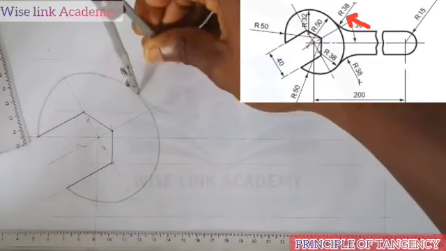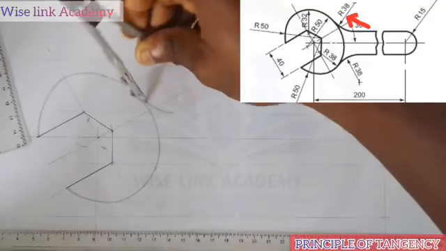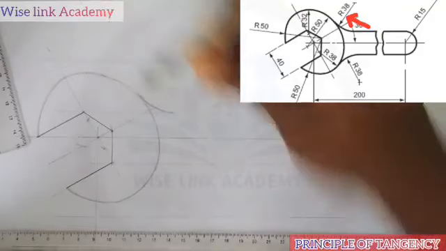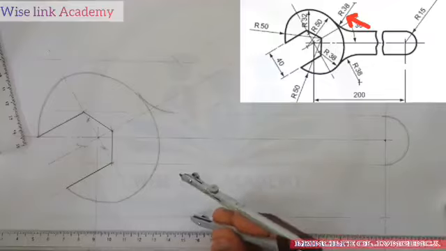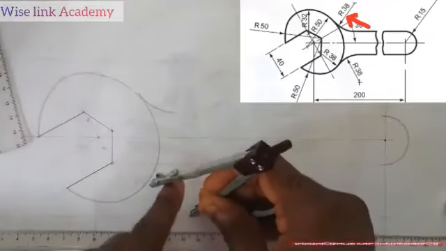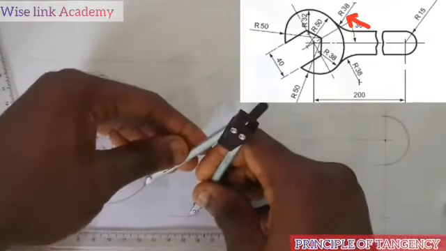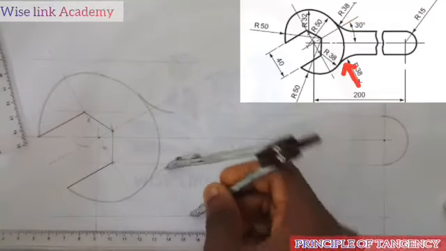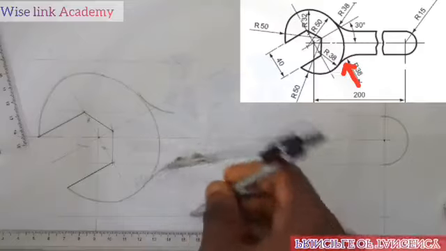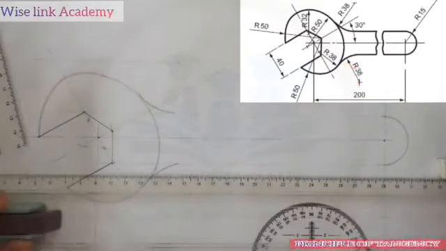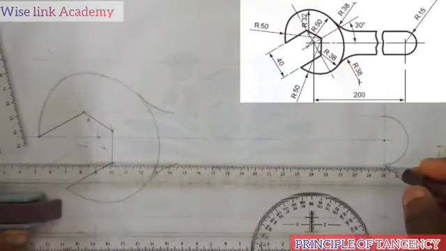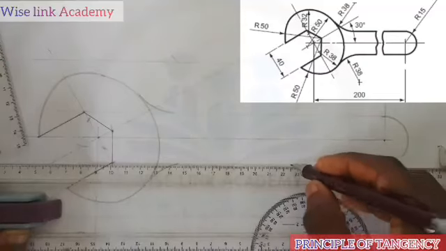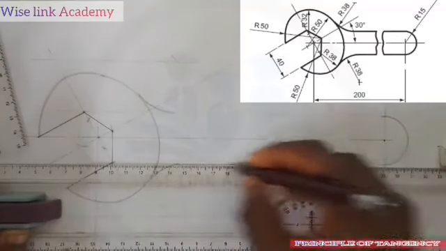As you can see, gauge it this way. Similarly, at this point here, I will also gauge it this way. I will gauge it this way. So having gauged it, I will make sure I close it up with the thick line this way.